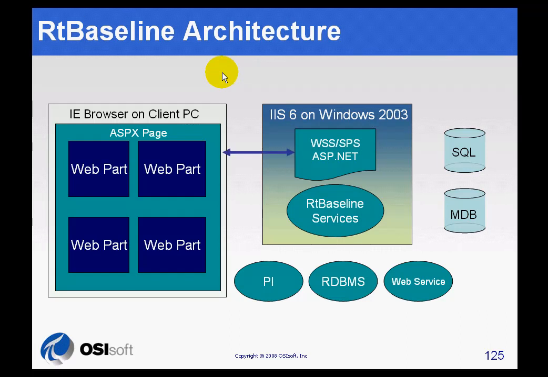So let's take a look at the connectivity that is involved here. The connectivity between this server and these machines over here, these clients, is straight HTML. So no ports have to be opened other than port 80. It's basically a web application. Okay. Now we have connectivity to other applications.